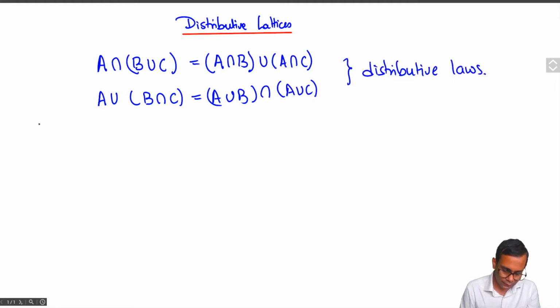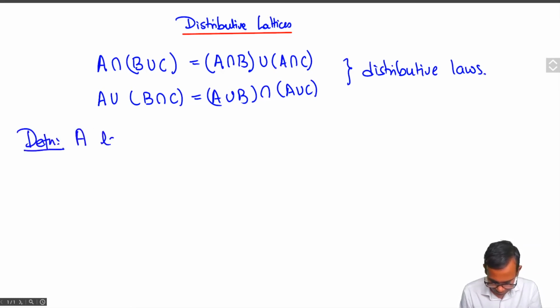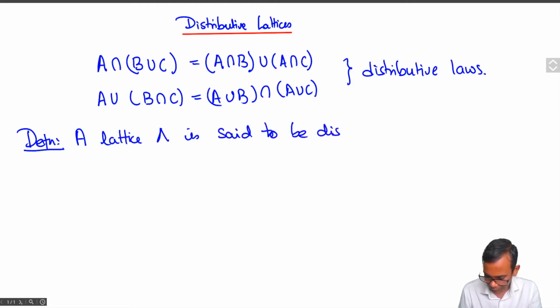And we can define a lattice to be distributive if the join and meet of this lattice satisfy these distributive laws.